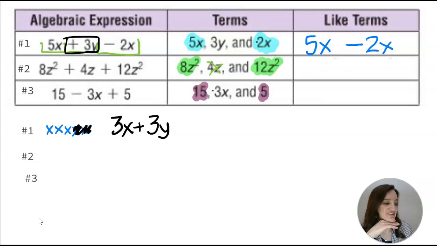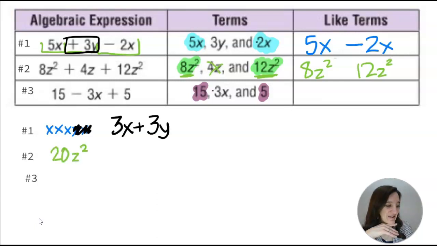Let's look at algebraic expression number 2. The two things that are the exact same that we can combine are a positive 8z squared and a positive 12z squared. If we combine those, we are going to have 20z squared, and we'll still have this positive 4z by itself.